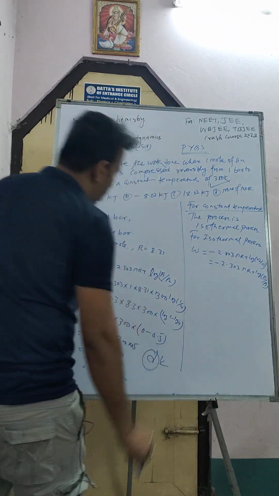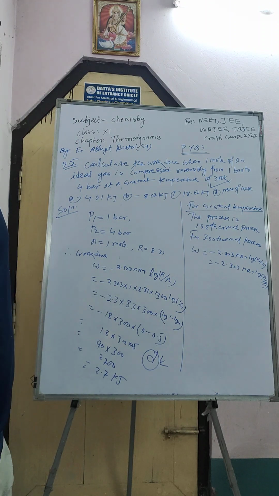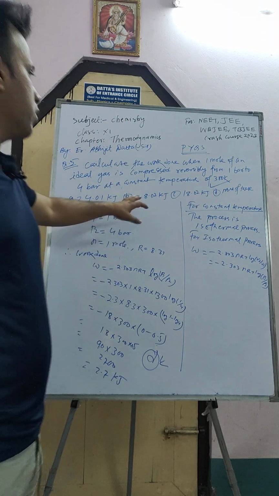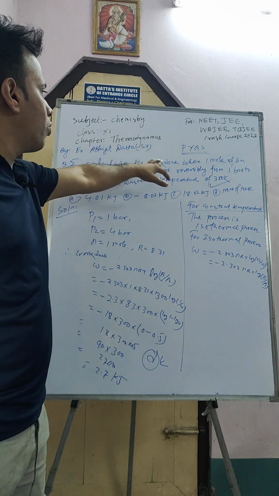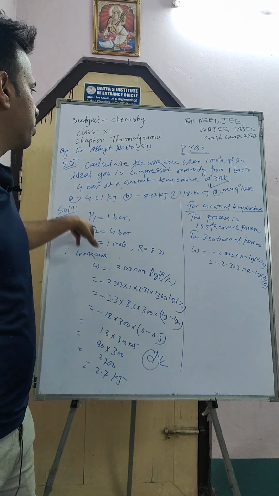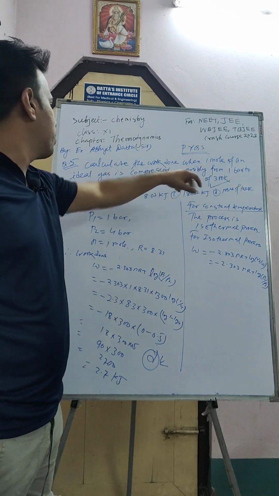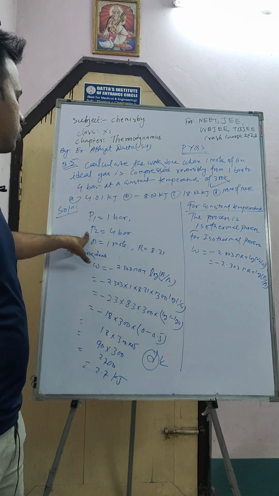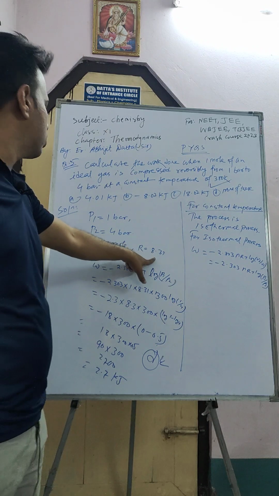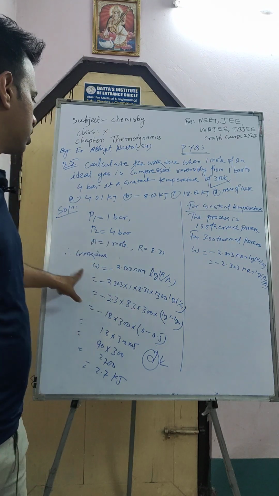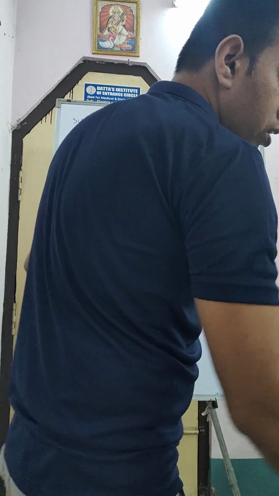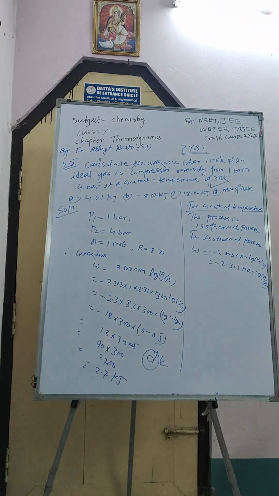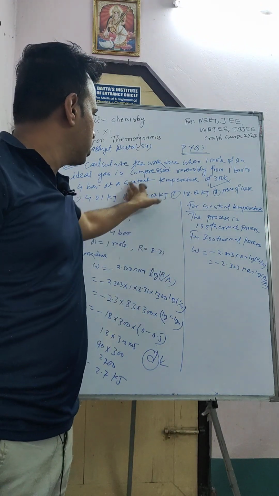Okay, I hope you got my point. First you have to understand that the temperature is constant. Calculate the work done when 1 mole of gas is compressed reversibly from 1 bar to 4 bar. That is P1 equal to this one, P2 this one. Number of moles is 1 and R is 8.31. Now, work done is what, sir? It is an isothermal process, since the temperature is constant.